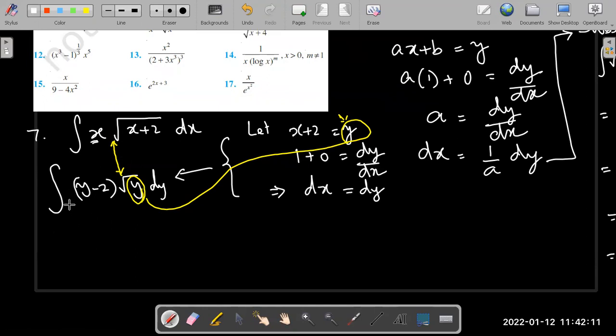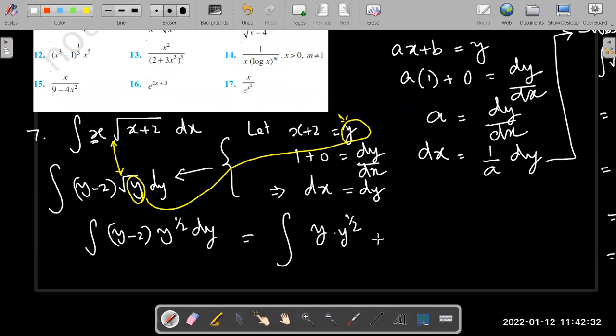So this is what we need to be integrating. Before that, we need to simplify it. We write this as y minus 2 times y to the power of half dy. We are still in simplification: y into y to the power of half minus 2 into y to the power of half. This entire thing is to be integrated with respect to y.